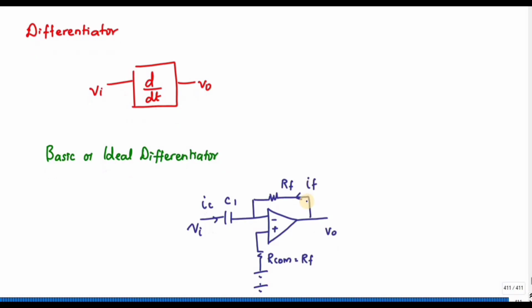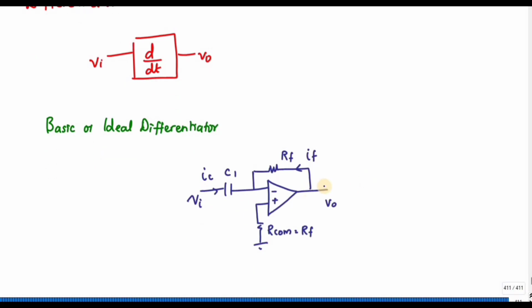So I can write that both are incoming currents, and IC is equal to IF at this point, right?